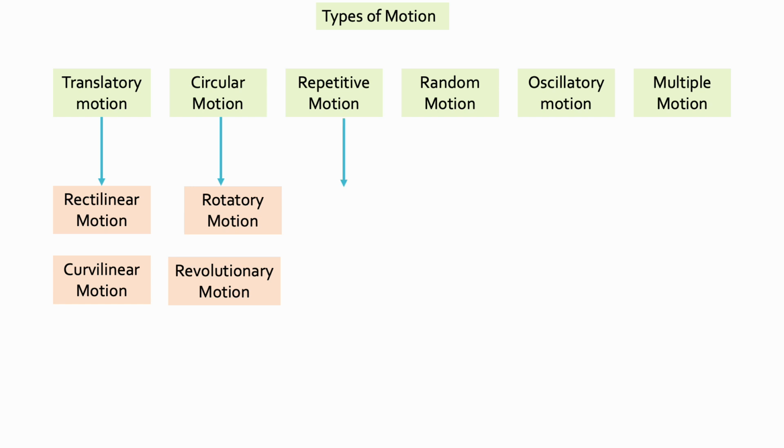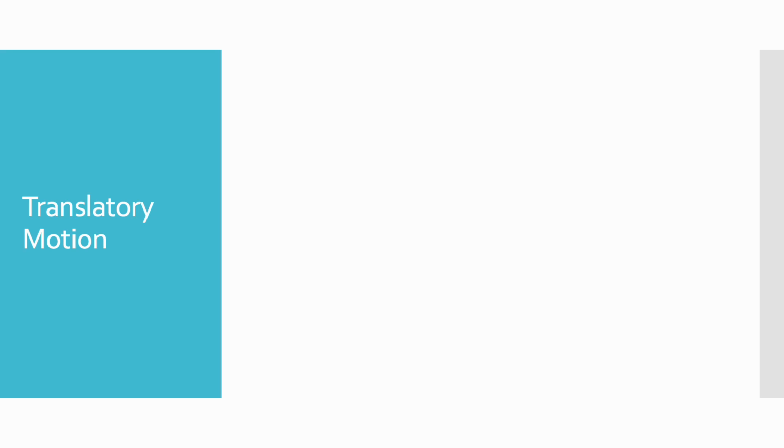Repetitive motion includes periodic motion, which repeats at regular time intervals, and non-periodic motion, which repeats but not at regular intervals. As we go ahead, we will explore each type with real life examples. Let's begin with translatory motion.